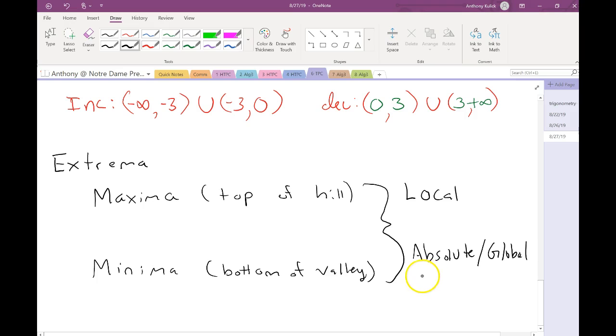So the global max is the highest point. And the global min is the lowest point.